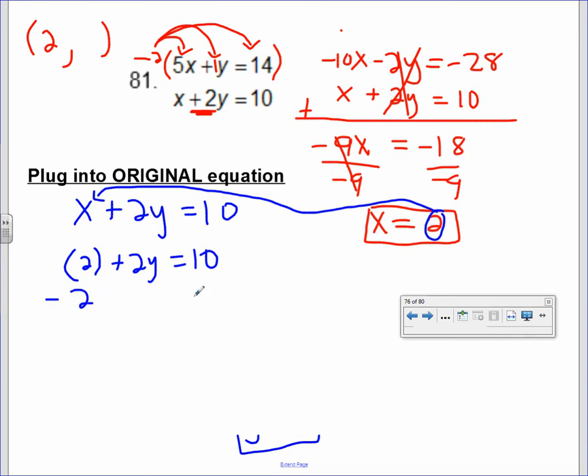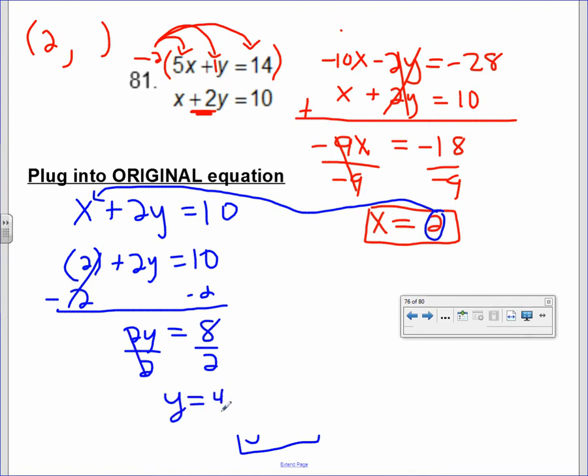Then I need to subtract 2 from both sides. We get 2y is equal to 8. Divide by 2 on both sides, so we get y is equal to 4. So I know that my y value is 4, and there's my solution.